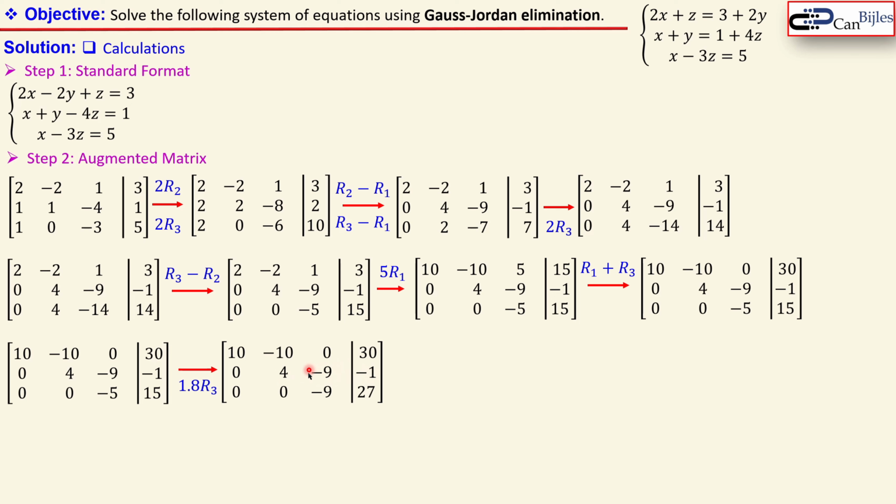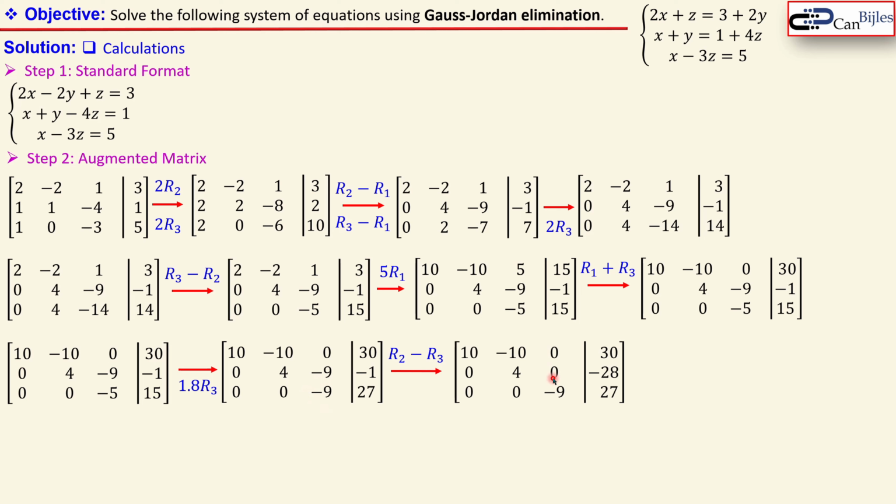Okay, then now we can see here that this part of row 2 can be also made 0 by doing row 2 minus row 3. Okay, that's what we do now. Again, row 1 is not changing, row 3 is not changing. The only change is row 2. So we have here 0 minus 0, which is 0, 4 minus 0, which is 4, minus 9 minus minus 9, which is actually a plus 9.